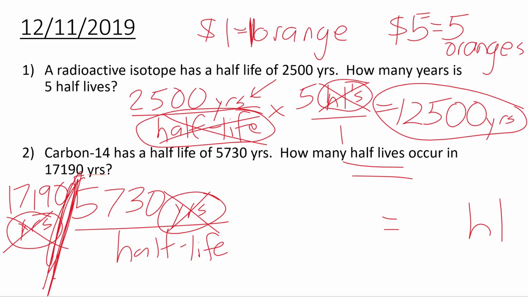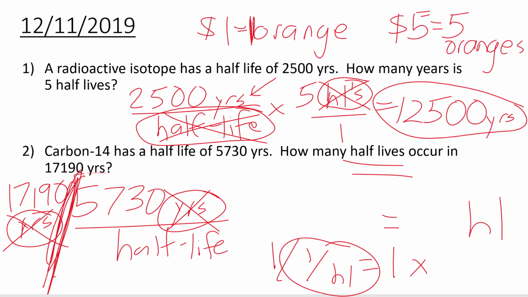Now, when you do that, you're going to get 1 divided by 1 over half-life. Through mathematical manipulation, 1 divided by 1 over half-life is the same thing as multiplying by this number's reciprocal. A reciprocal is, remember, flipping the fraction around. So it's 1 times half-life over 1. And of course the 1's cancel each other out and you're left with half-life.